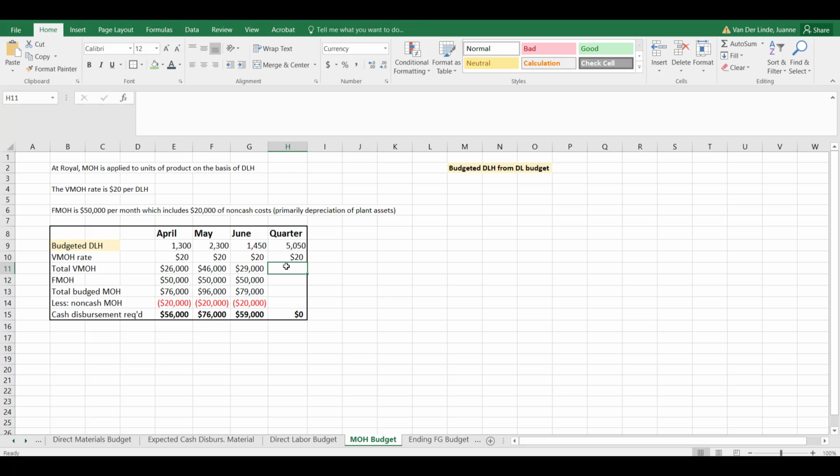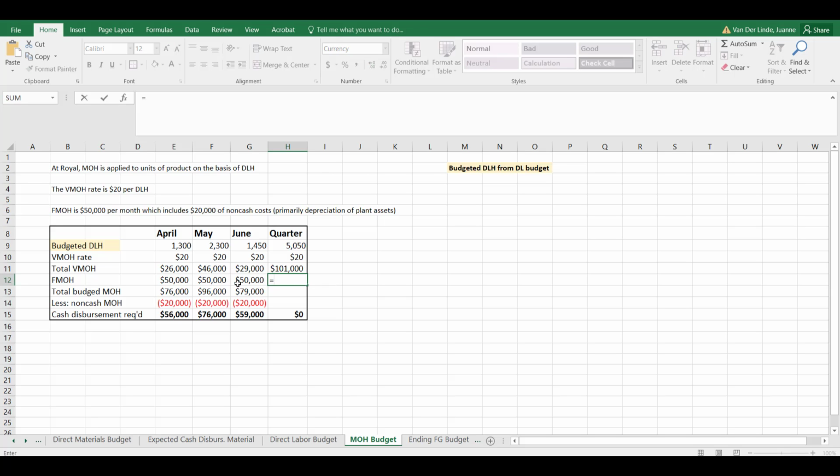And we can do now the sum for everything to look at the quarter. So the quarter's budgeted direct labor hours is 5,050 times the $20 of variable overhead per direct labor hour. That gives us total variable manufacturing overhead for the quarter of $101,000. Now, how much fixed overhead was there for the quarter?